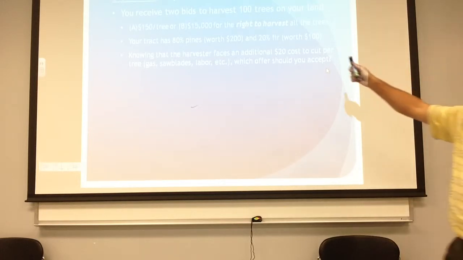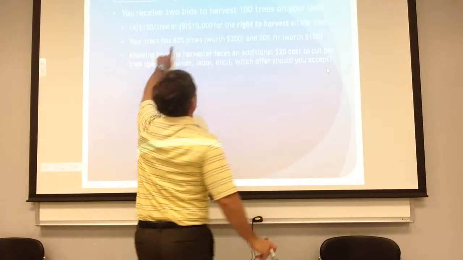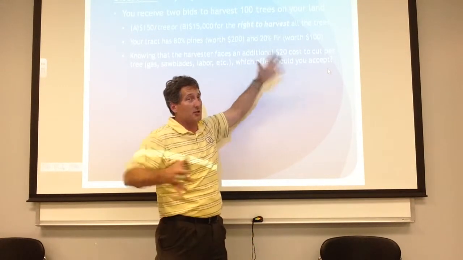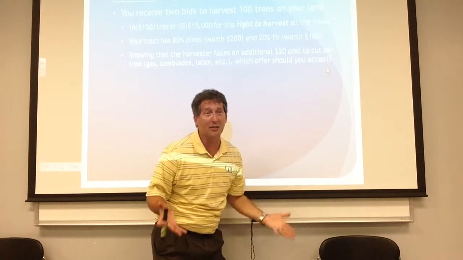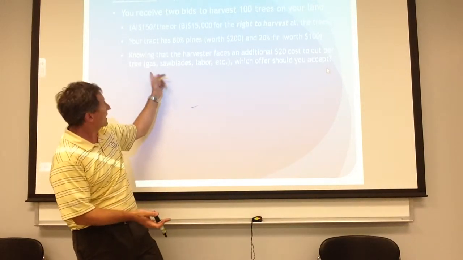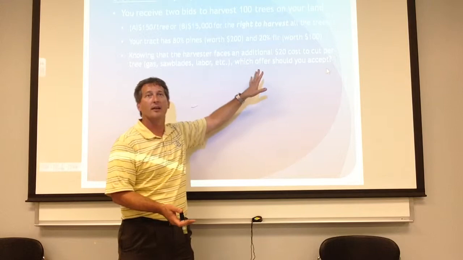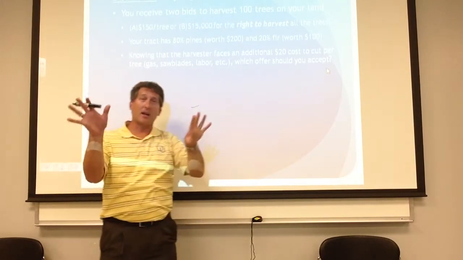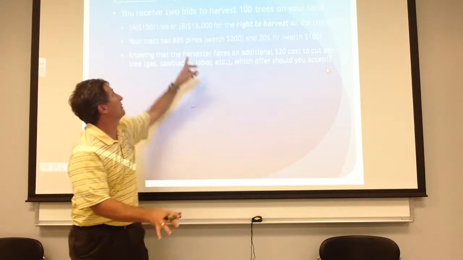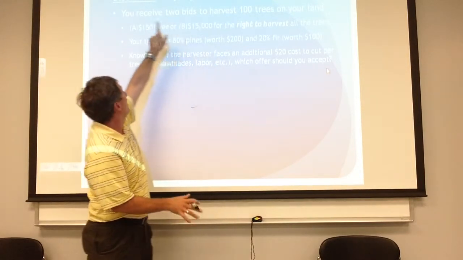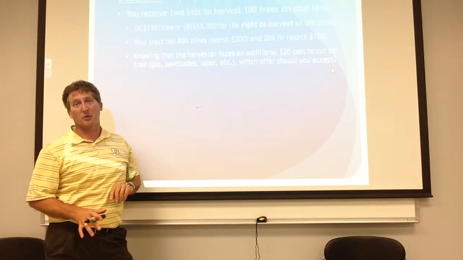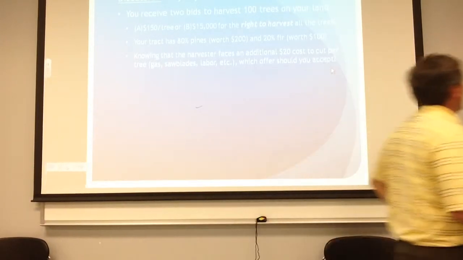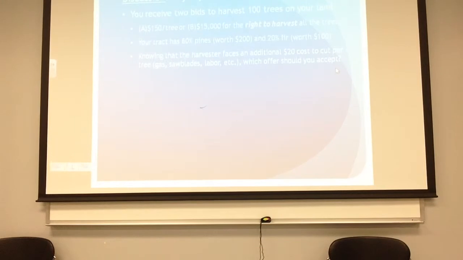If somebody paid $15,000 for the right to harvest all of them, that's just the right to harvest them. They still have to harvest them. They're still going to pay for gas, saw blades, labor, etc. That runs $20. So the whole idea of contract A versus contract B is a fixed rate of $15,000 versus $150 per tree. So marginal cost is 20.